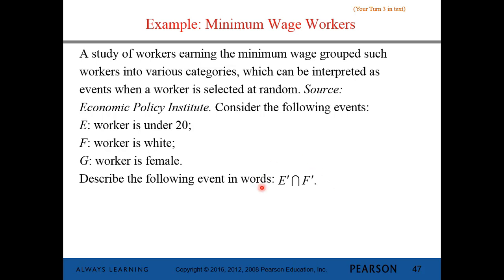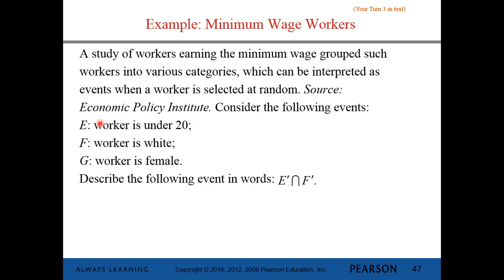Going back to our set notation, this is not E intersect not F. In other words, this is not E and not F, meaning both of these happen.